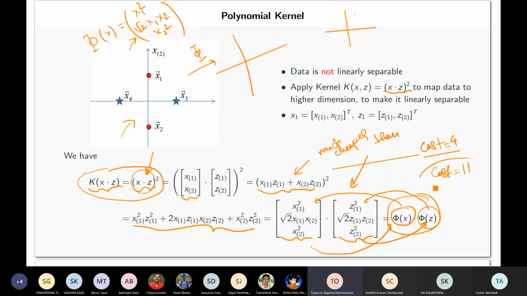So the cost of computation is 4 here, combining the addition, multiplication and square. This is obviously approximate. You may say that the square may take more or less, but there is a clear benefit. We already see that 4 is indeed less than 11. So these are the benefits we get by using this so-called kernel trick.